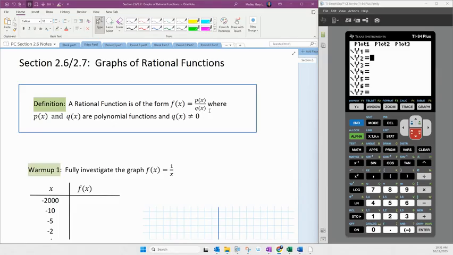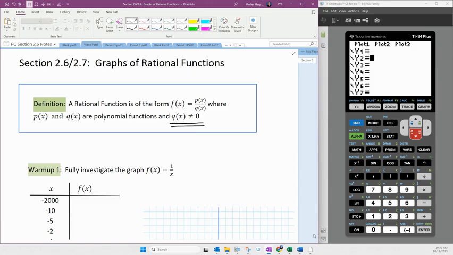So we're still dealing with polynomial functions, but now we're dividing them. And you'll notice there's this little qualifier here that says Q of x cannot equal 0. And I hope that is kind of obvious at this point in the year. We cannot divide by 0. So anything that causes Q of x to be 0 is a problem for our domain.